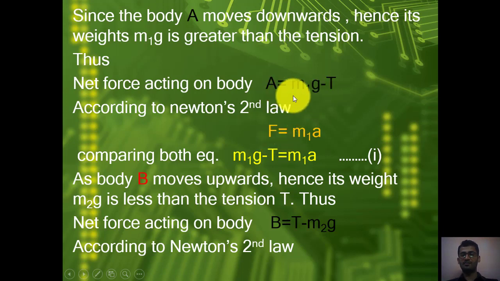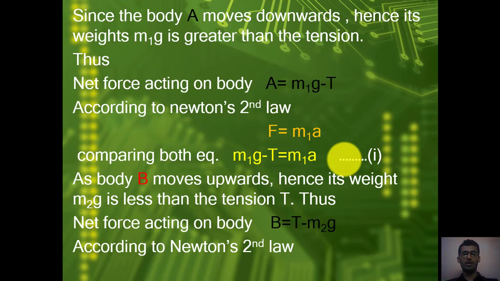First expression is force on object A is equal to m1g minus T, and the second expression is F is equal to m1a. Now comparing both of these equations, we get m1g minus T is equal to m1a, and this is expression number 1.